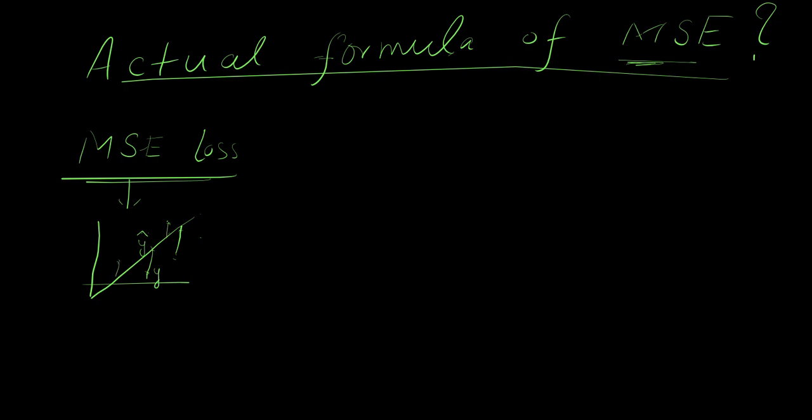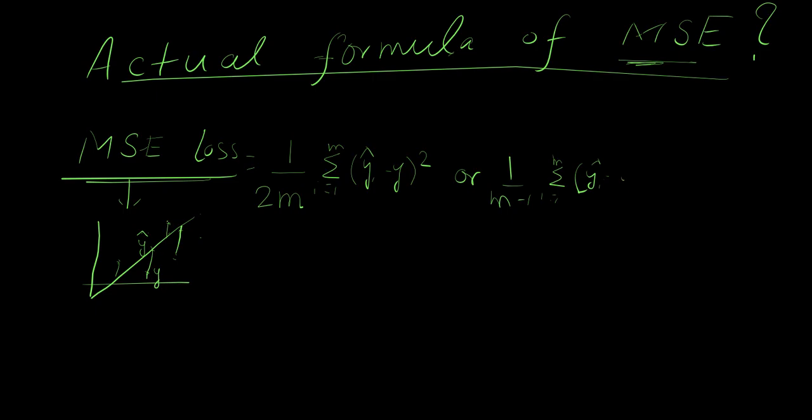Somewhere you might have seen this formula written like this: 1 by 2m summation from i equals 1 to n of (predicted value y hat minus actual label) whole square. Or some of you might have seen it like this: 1 by m minus 1 summation over 1 to m of (y hat minus y) whole square.